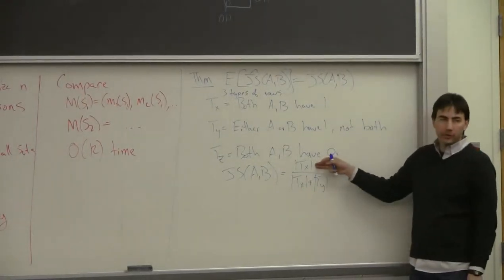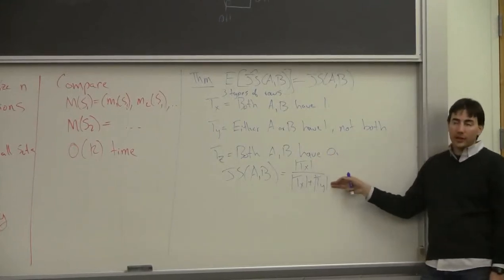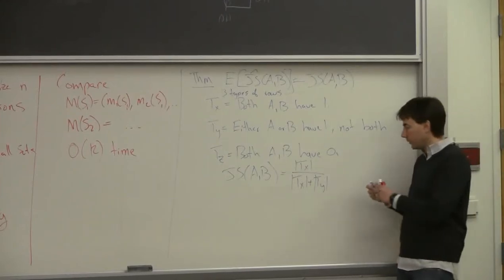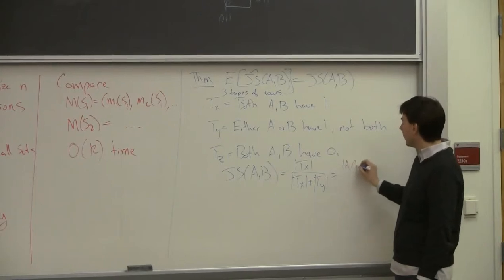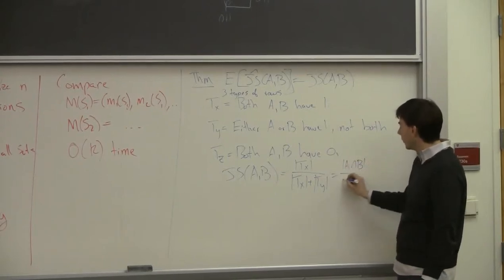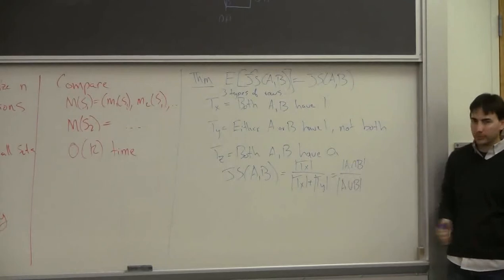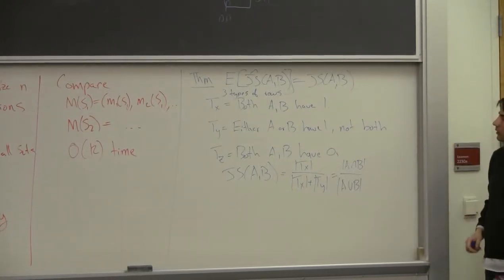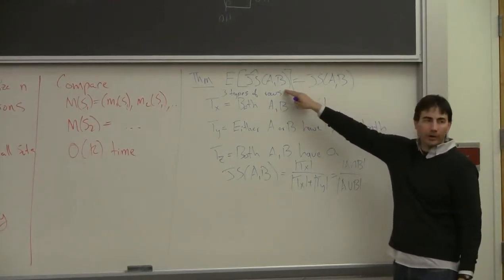Each row corresponds with an element, so this is equal to A intersection B over A union B, by looking at these different types. Okay. So now, let's look at the probability that this value is equal to a 1.